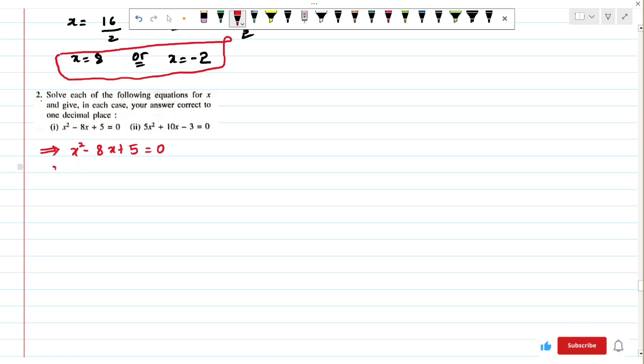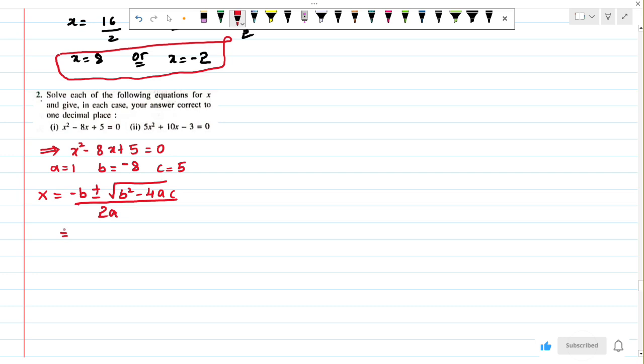By writing the values of a as well as b as well as c. So a is 1 here, b is minus 8 and c is 5. So if we substitute this in the formula, that is x is equal to minus b plus or minus root of b square minus 4ac divided by 2a.